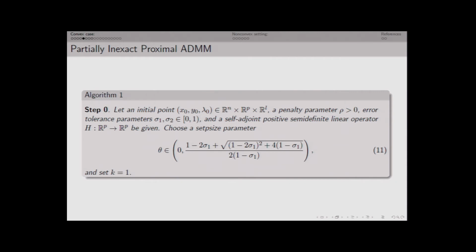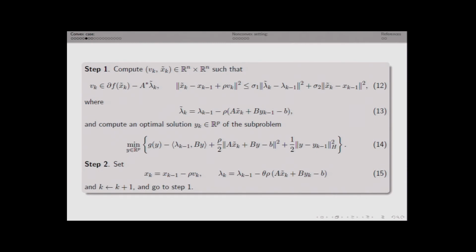If it's 0, then you have 1 plus the square root of 5 over 2, which is the golden number, which we know is the upper limit the relaxation parameter can reach. So the method is like this. The first subproblem you solve, like I said, for example, using the same idea of the HPE method, and then you just update this lambda tilde.